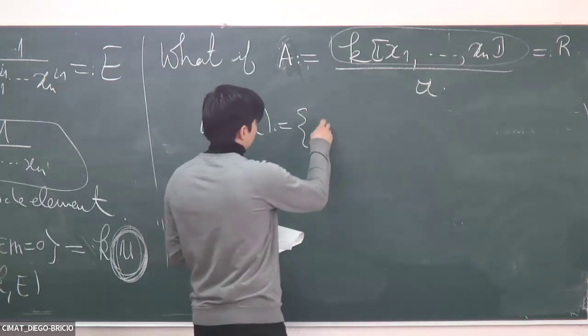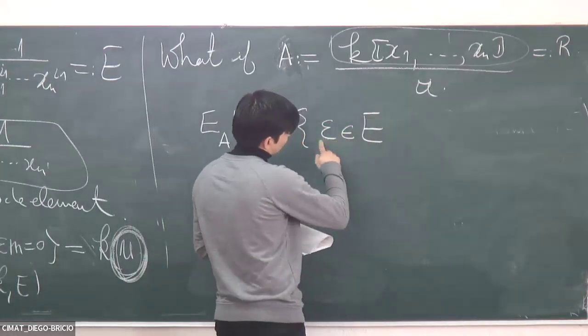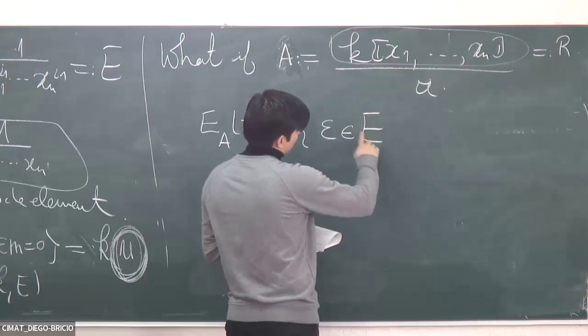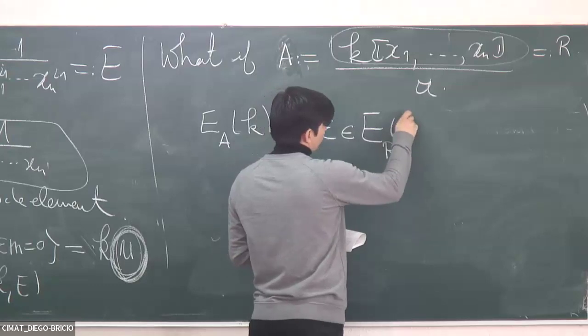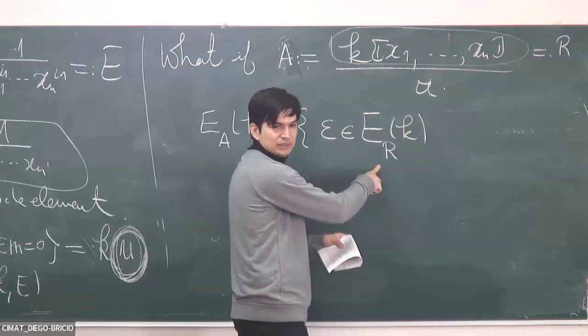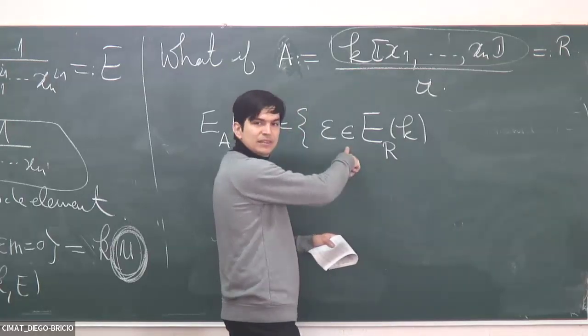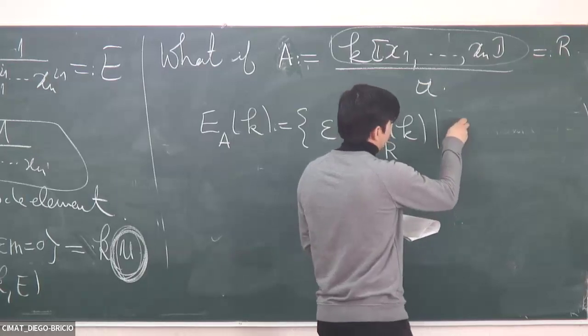So I'm going to give you the recipe. Here now I'm going to look at the injective hull of R, which I just told you how to compute, right? It's that huge direct sum. So you're going to take the elements in there, and you're going to look for those that are killed by A.